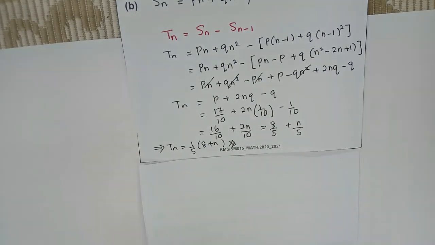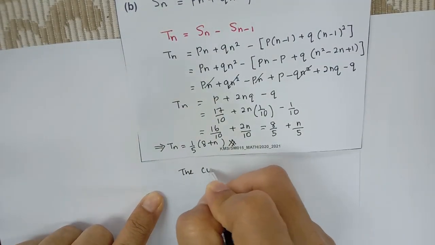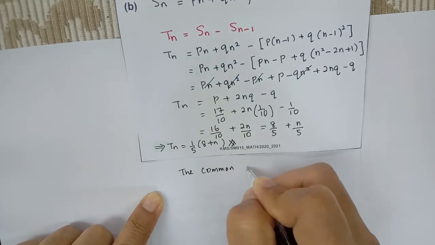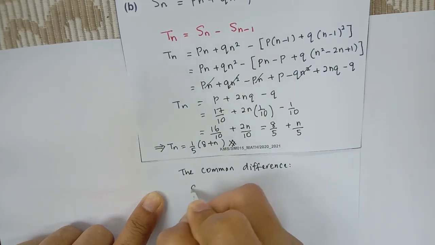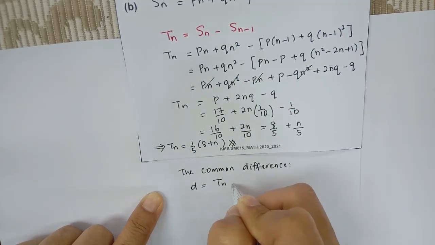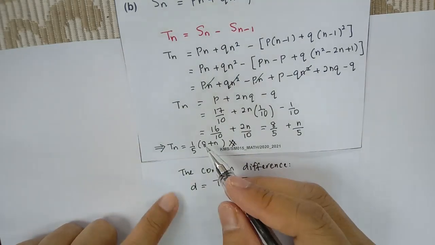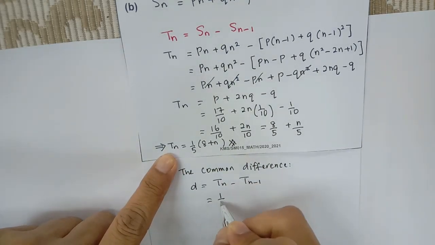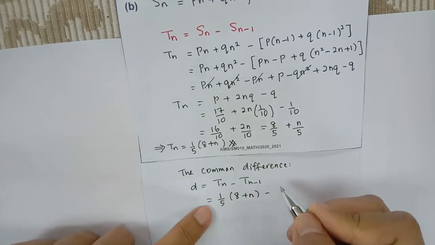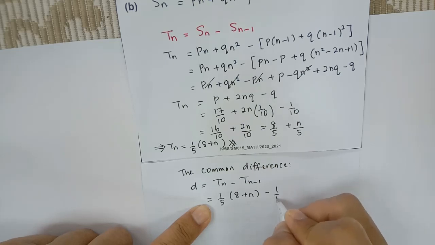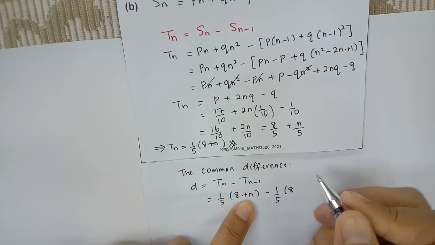And the common difference D equal Tn minus Tn minus 1. Then substitute Tn, 1 over 5 times (8 plus n), minus Tn minus 1, substitute n minus 1 into n.